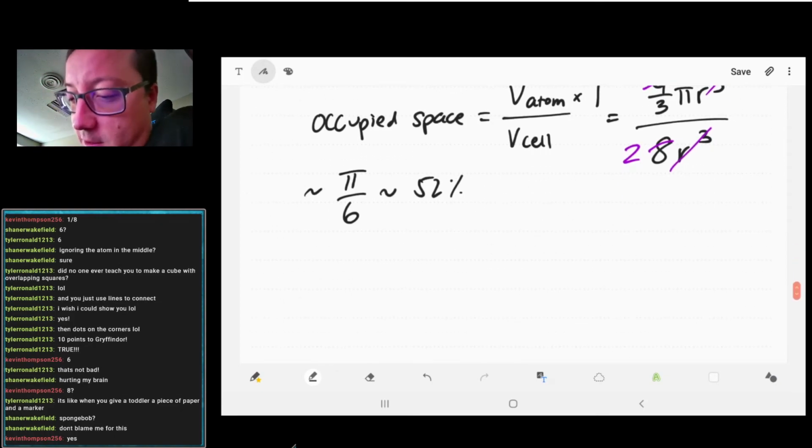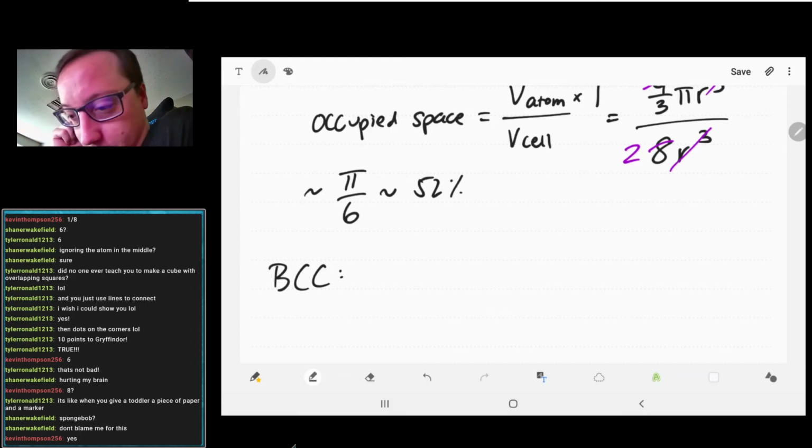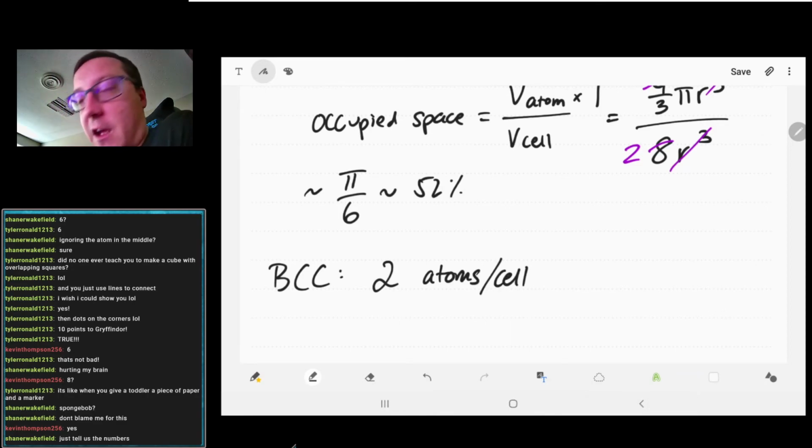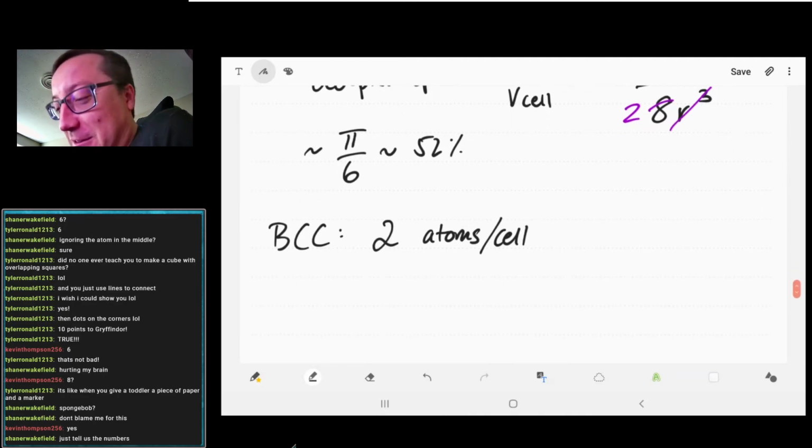All right, then let's go to body-centered cubic. So we had for body-centered cubic 2 atoms per cell, right? That's the factor we're working with. I didn't see a good worksheet for these, so I think we'll just go over them together.